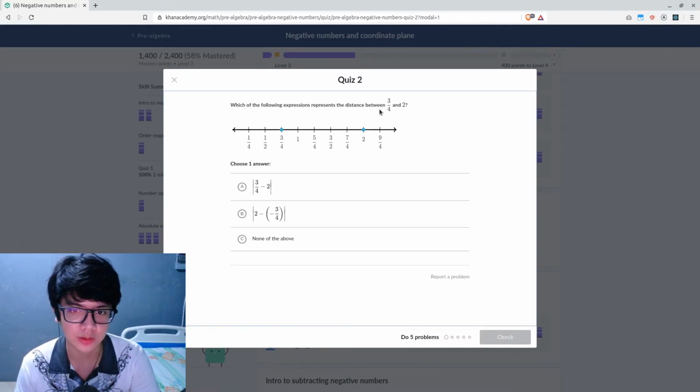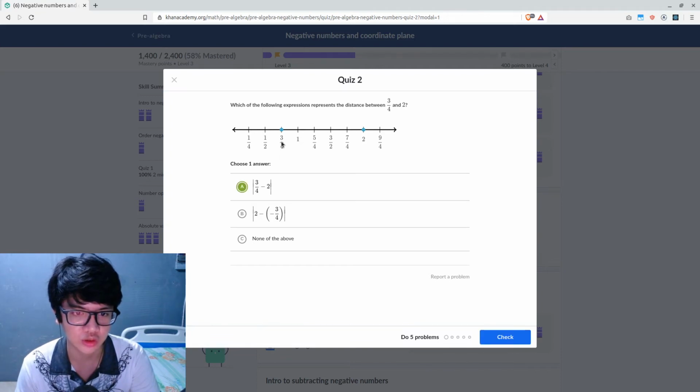The following is represented as 10 3/4, 10 2 quarts. There's some negative here.